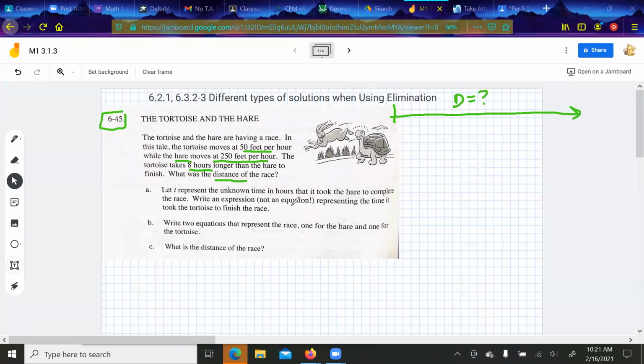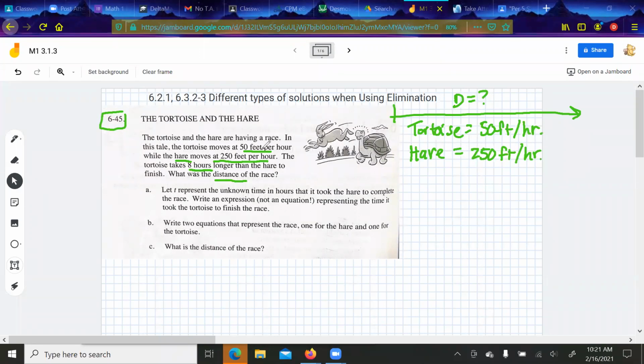Write an expression, not an equation, just an expression, so no equal sign, representing the time it took the tortoise to finish the race. Okay, let's write down how fast they're going. So first of all, the tortoise is going 50 feet per hour. The hare is going much faster, 5 times faster, right? He is going 250 feet per hour.